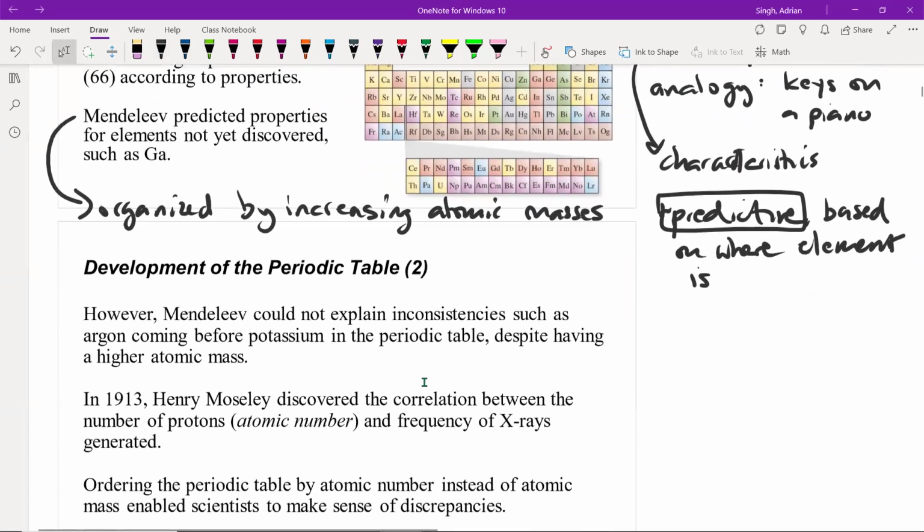However, there were some inconsistencies in some of the properties of the elements, even though generally they held true.